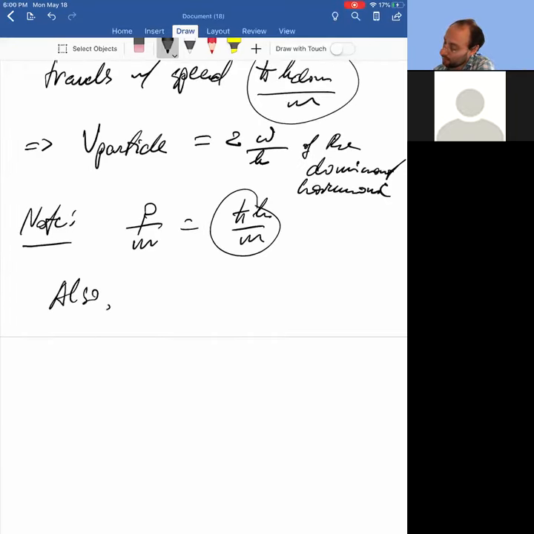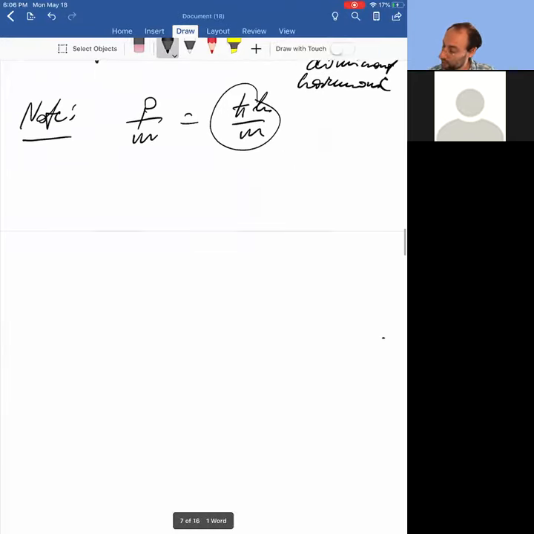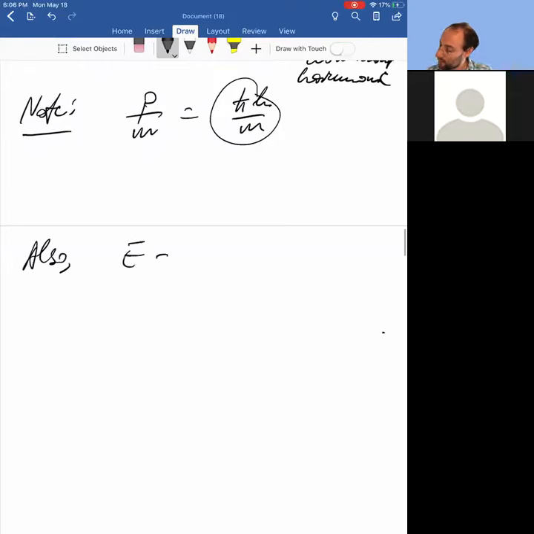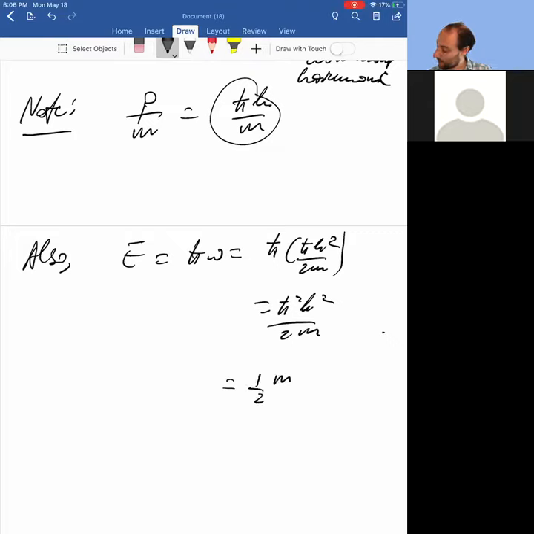Also, what I wanted to say is that you will notice that the energy, h bar omega, which is h bar times h bar k squared over 2m, which is h bar squared k squared over 2m, is equal to 1/2 times m times v of the wave packet squared.